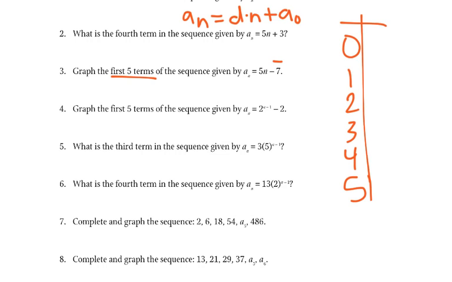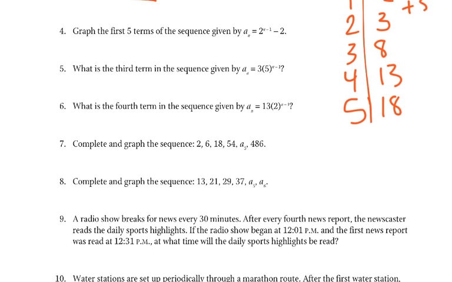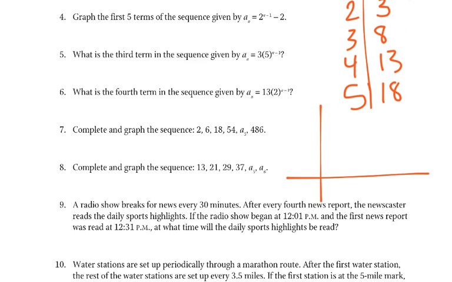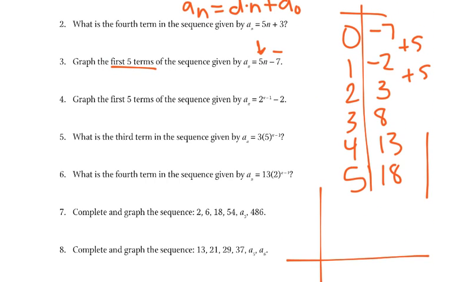So our zero term would be negative 7, and we're adding 5 each time. So negative 2, positive 3, then 8, 13, 18.